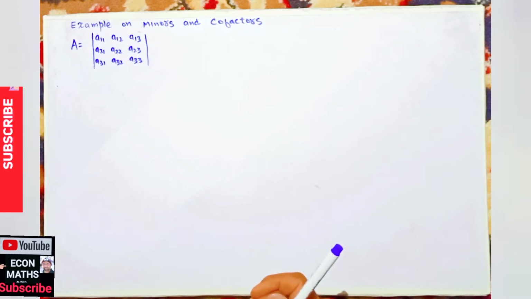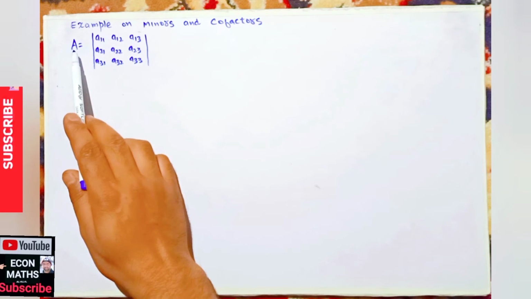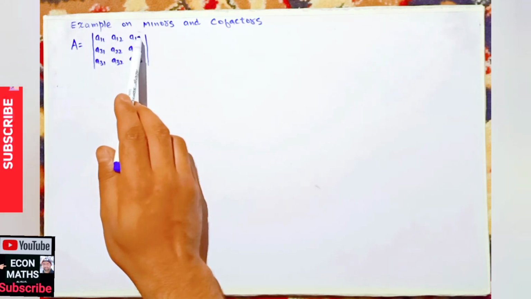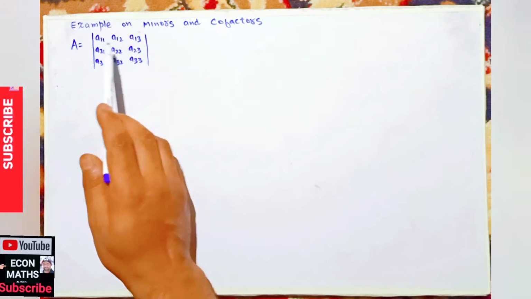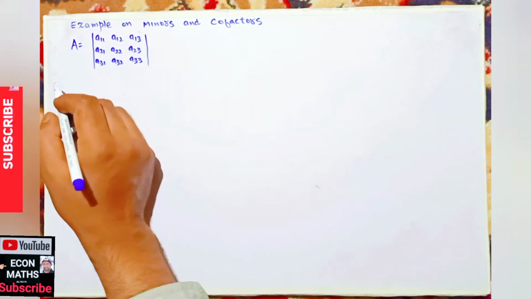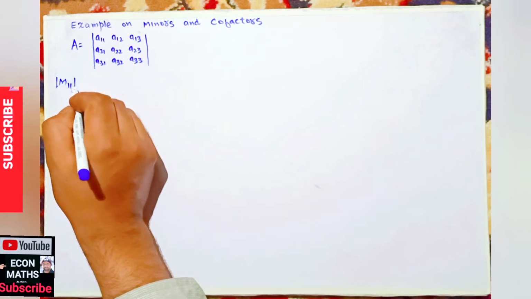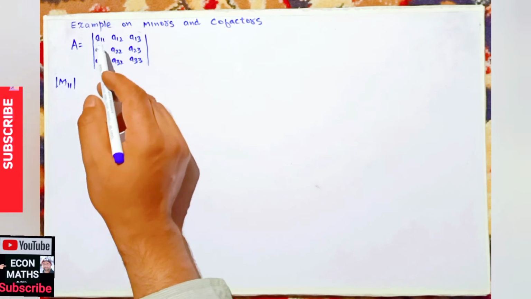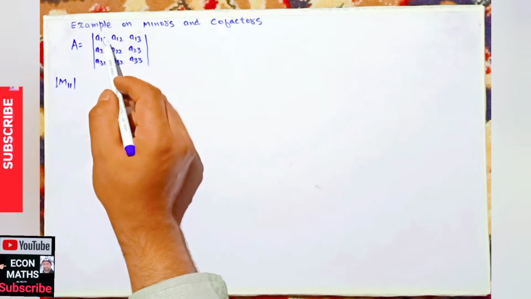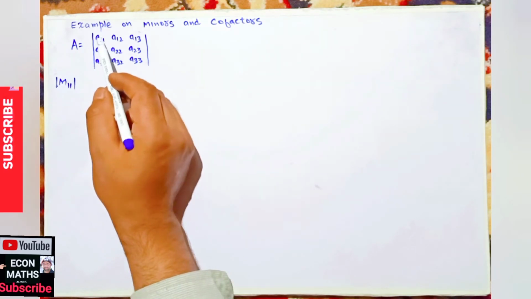Now let's have an example on minors and cofactors. If we are given a matrix A equal to A11, A12, A13, A21, A22, A23 and so on, these are the elements of this matrix A. Then the first minor, which is denoted by M11, is the minor at the place of A11, that is the minor of the first element.